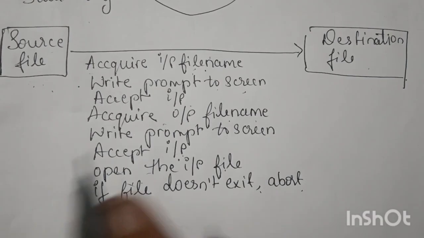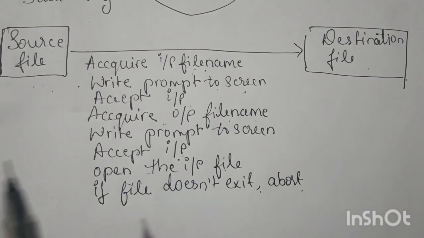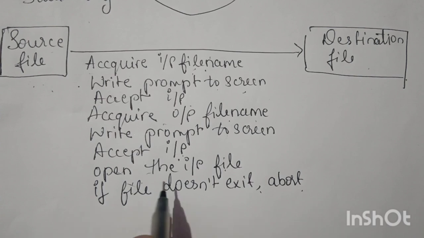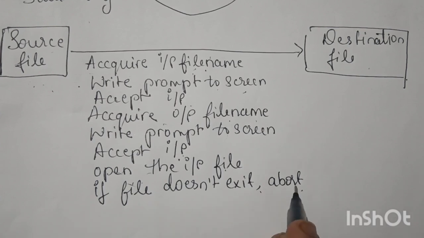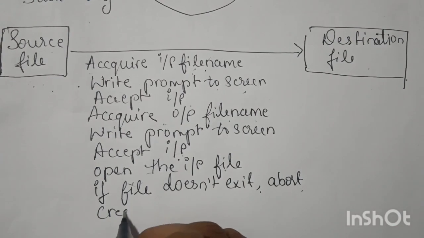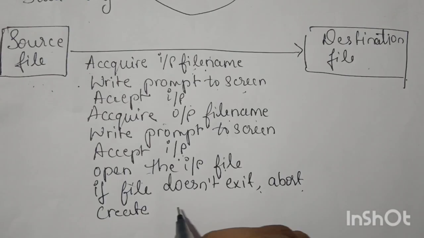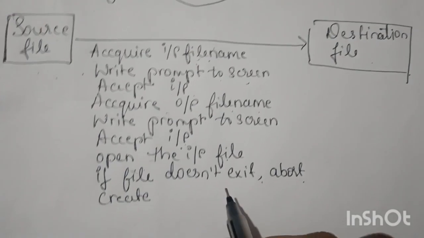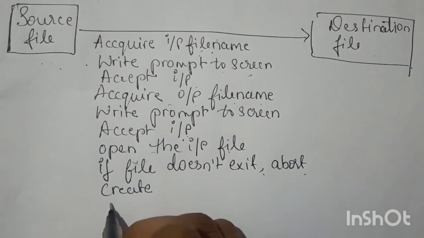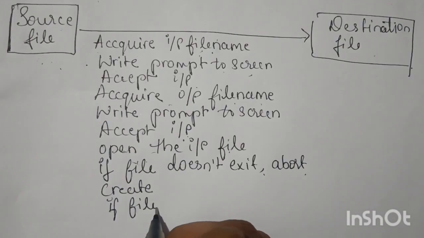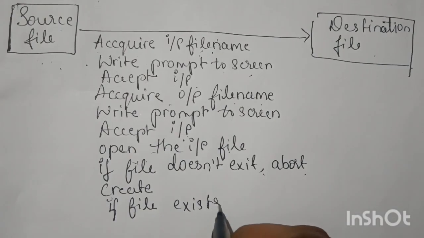You will get a dialog box, you remember, saying this file does not exist. Then maybe you want to check for some other file or create an input file. Now you have to create a file. While creating the file, what file name do you give? If that file already exists, then again you have to abort.